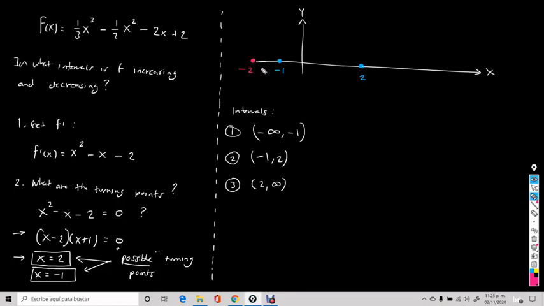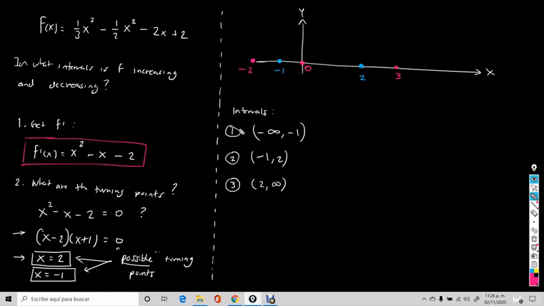I'm always going to choose integers, okay? And then over this region, I'm going to choose 0. And over this zone or interval, I'm going to get 3. Just integers for simplicity. And what I need to do is evaluate the derivative in each of these 3 points and look at the sign of the derivative. What is my derivative? It's this one.